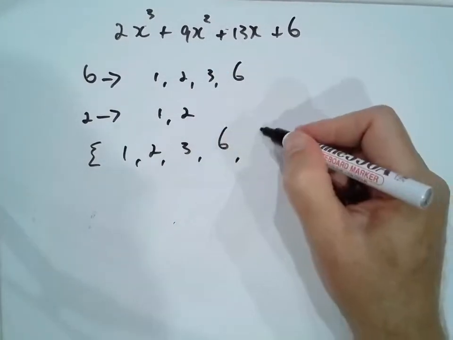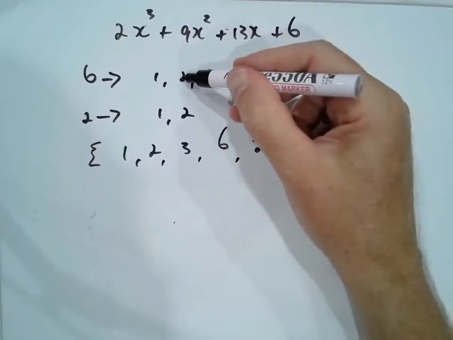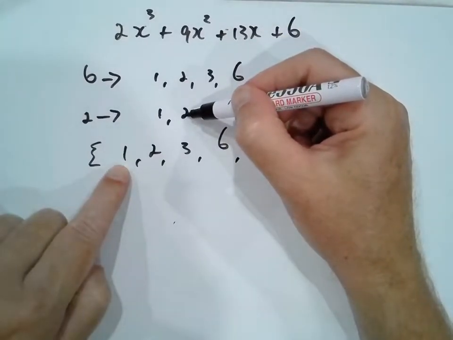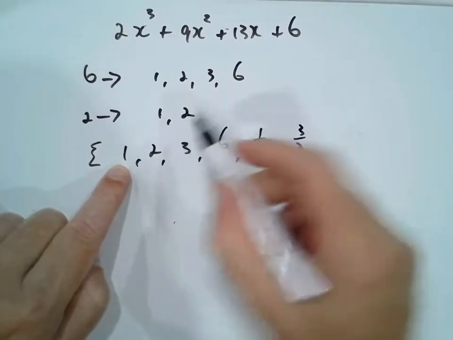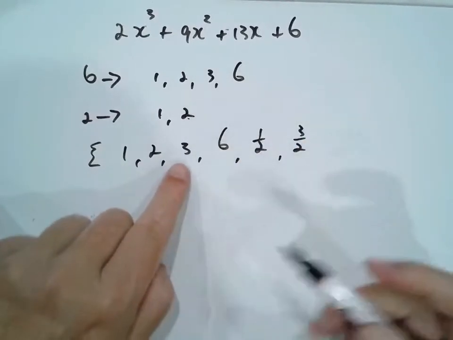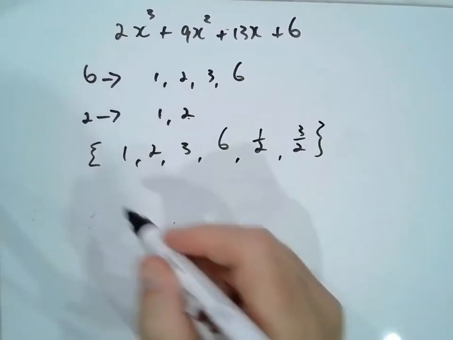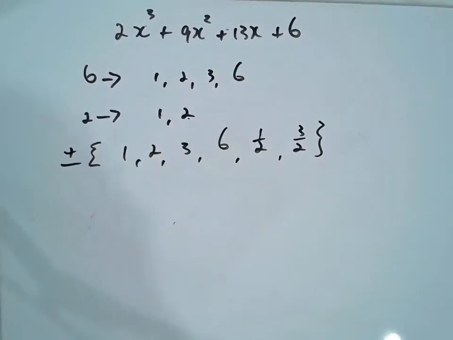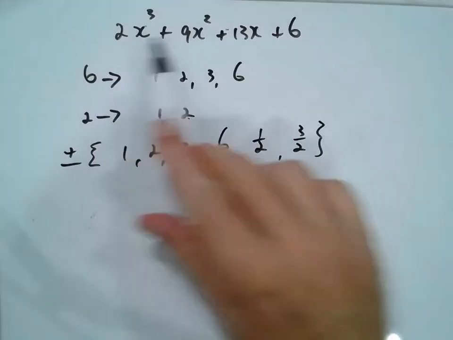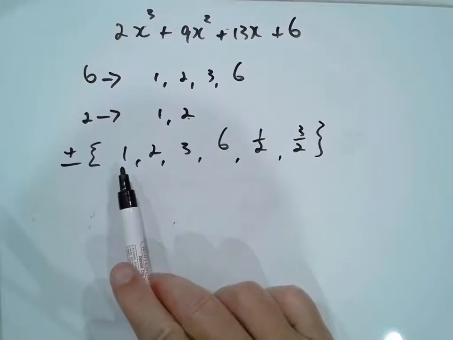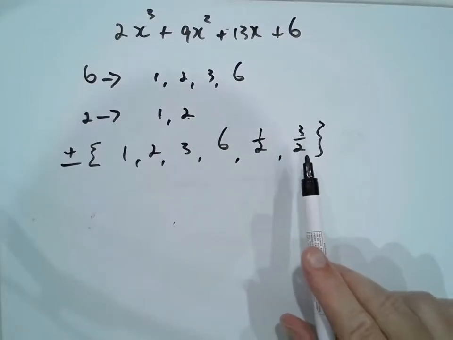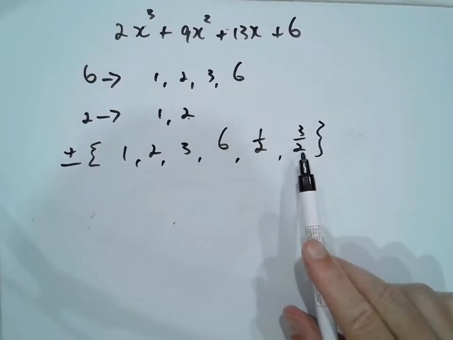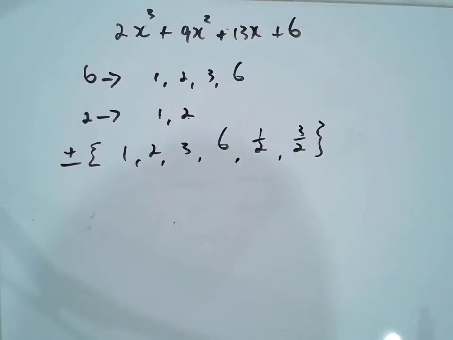So what's 1 divided by 2? 2 divided by 2, we've already got. 3 divided by 2. And 6 divided by 2, we've already got. And remember, they're plus or minus any of them. So again, instead of just guess and checking random ones, we're going to only guess and check from this potential source of zeros for that polynomial.